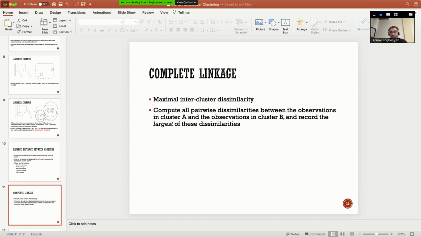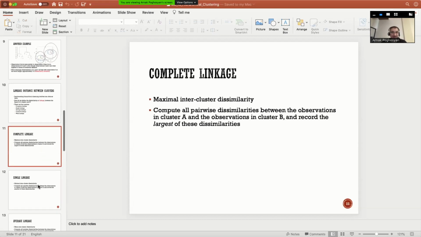If you have two outliers which are very far from each other, and one is from cluster A, the other is cluster B, complete linkage is returning this biggest distance. And you understand, if you have the biggest distance, you can have the smallest distance, then you can have the average of all those pairwise distances. Each one is describing one of our linkages. So complete linkage is giving us the maximal distance within these pairwise distances.